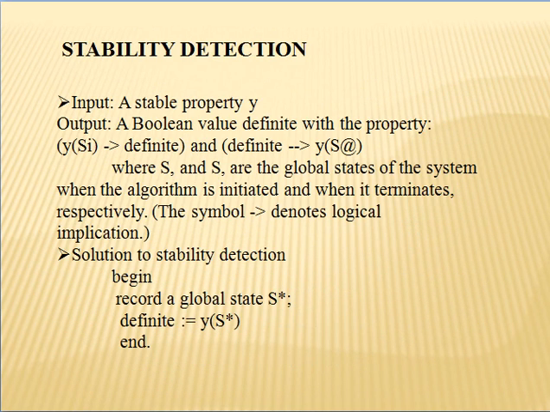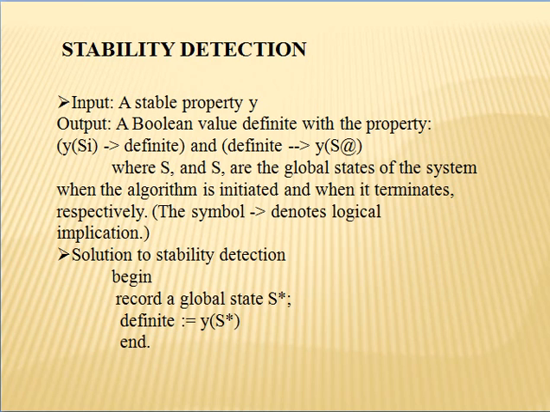Now the stability detection algorithm. The input and output are given here. The input to the algorithm is a function y. During execution, the value y of s for some global state s may be determined by a process in the system by applying the externally defined function y to the global state s.